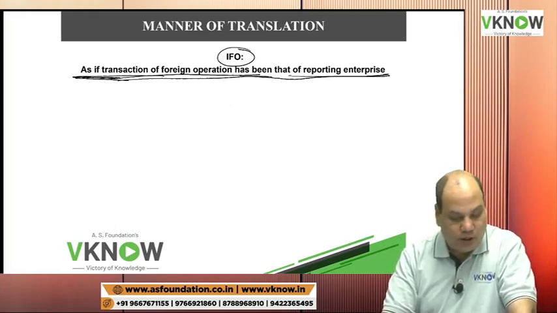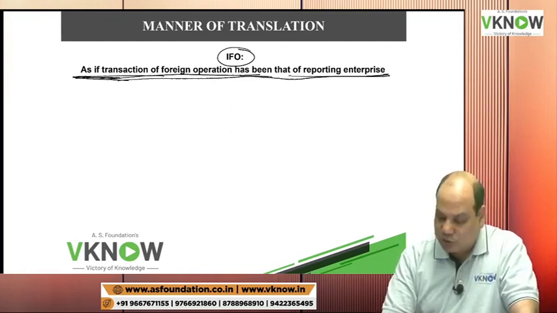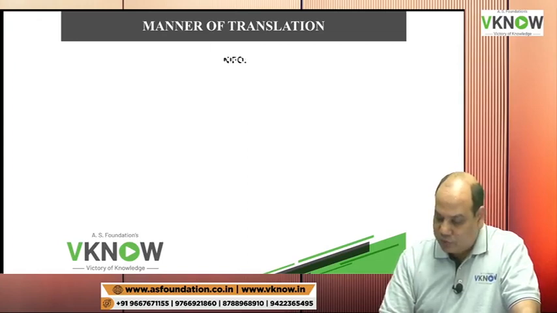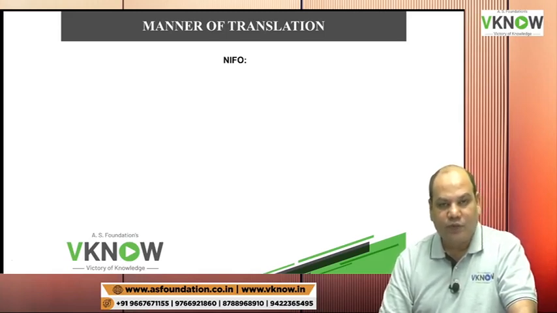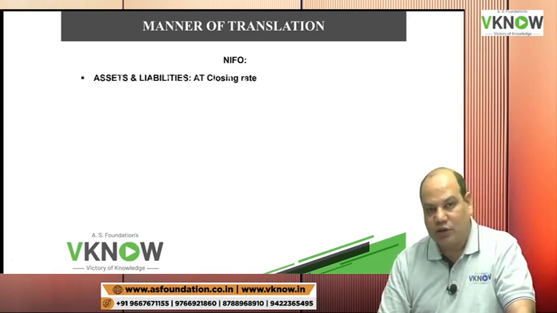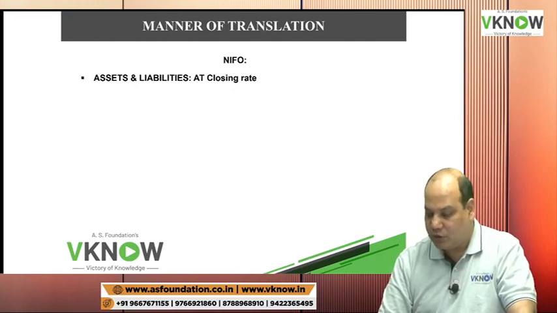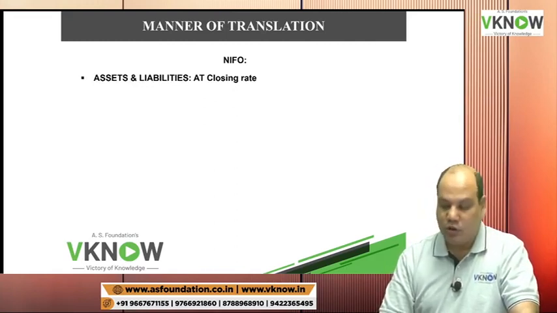So you will find that the same rules you have applied for the reporting company also. Where is the difference? The difference is in translating the financial statement of a non-integral foreign operation.